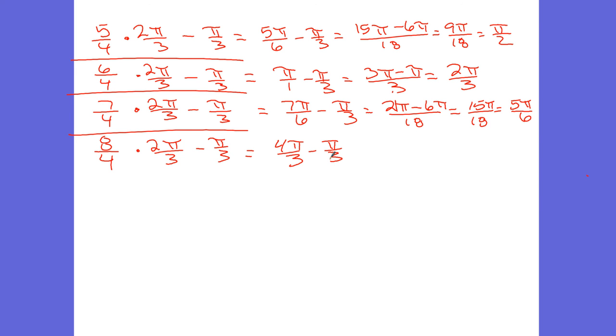Are they the same denominator? Yes. So now I can just do 4 pi's, take away pi, gives me 3 pi over 3, which just gives me pi. There's all my parts. So would the last one just always be pi?